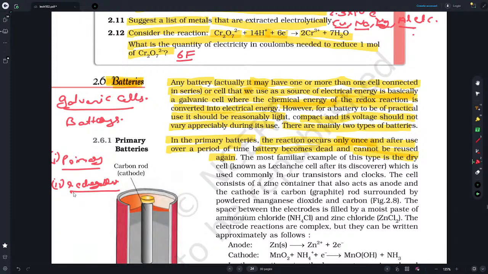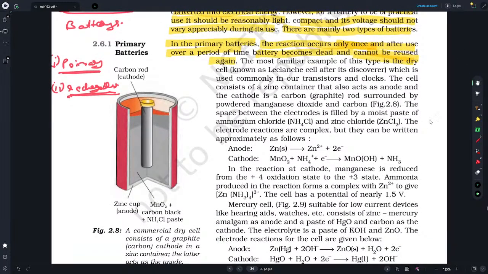Primary batteries work by the chemicals undergoing a spontaneous reaction to generate electricity, non-stop, until the chemicals are used up.